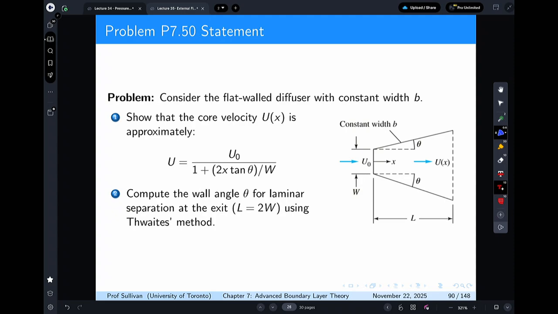So consider the flat wall diffuser with constant width B. Show that the core velocity is approximately u0 over 1 plus 2x tan theta divided by w. Compute the wall angle for laminar separation at the exit using Thwaites method.